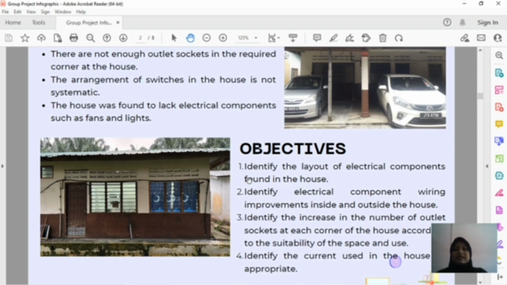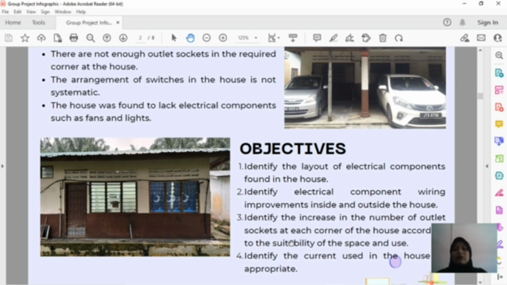So the objective, we have 4 objectives, which is firstly, identify the layout of electrical components found in the house. Second, identify electrical component wiring improvement inside and outside the house.